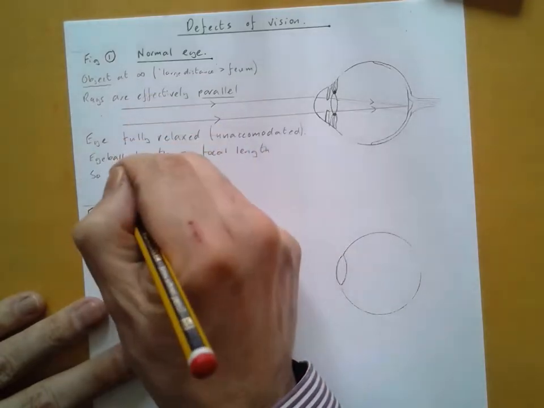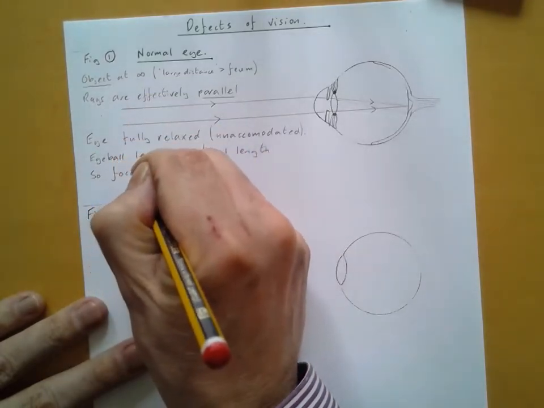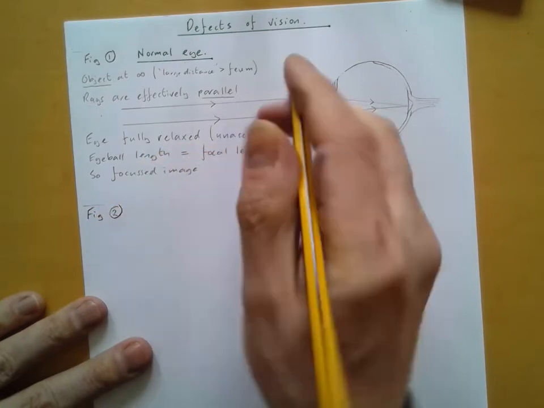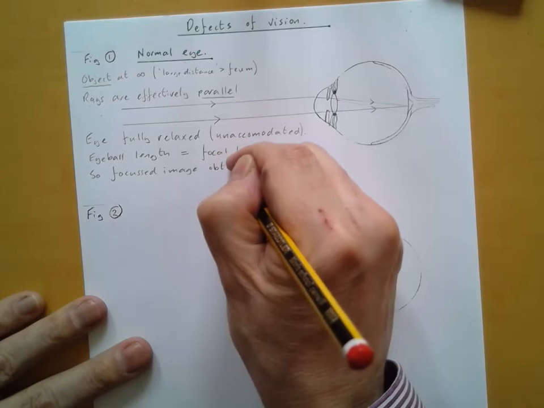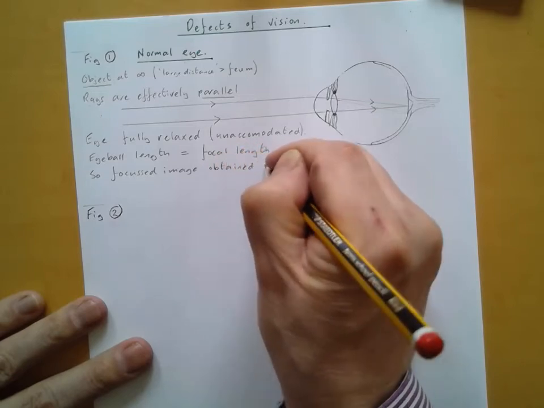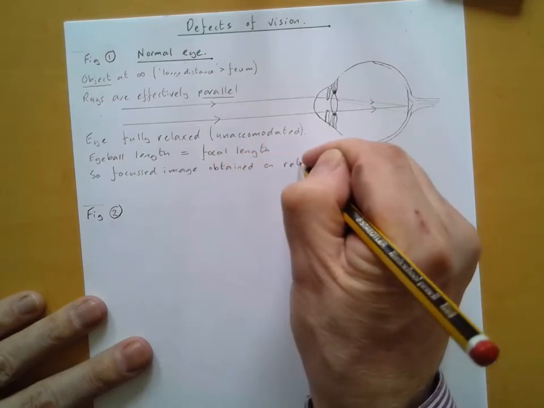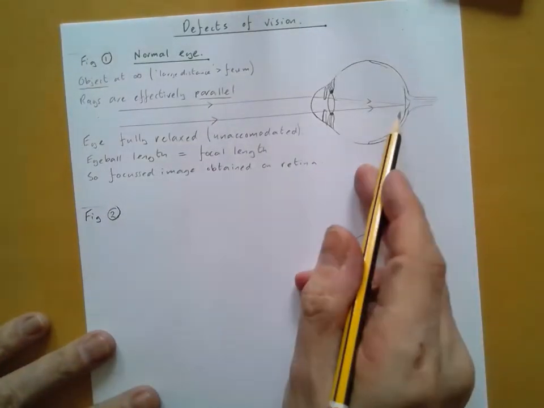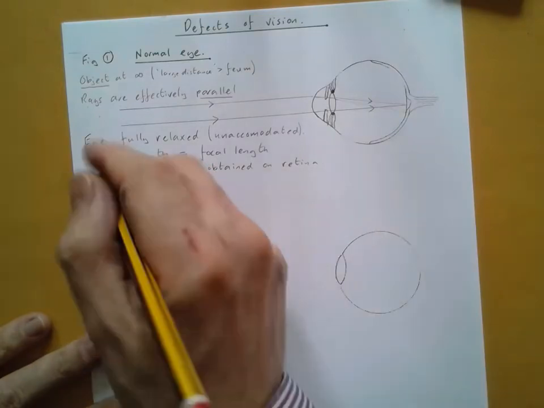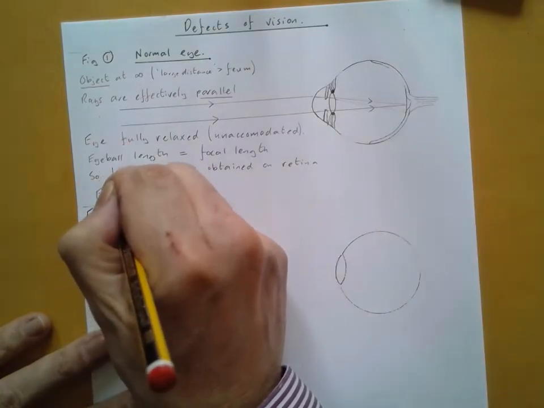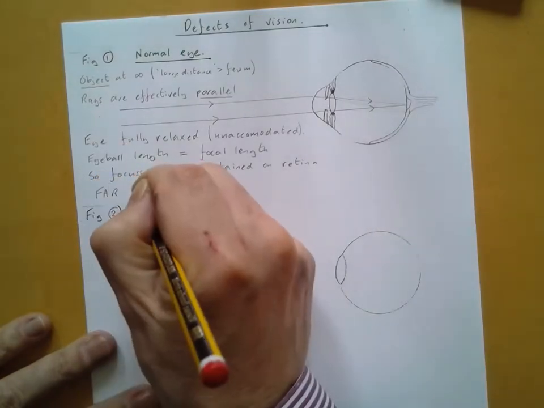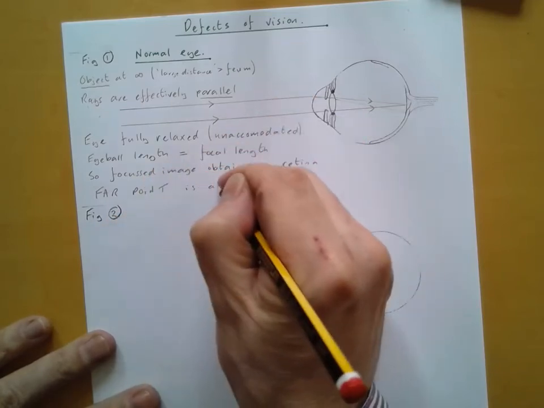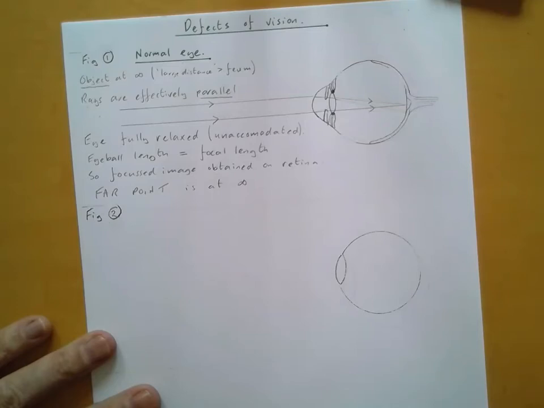And so a focused image is obtained on the retina. So therefore, you can focus on an object which is at infinity. So the far point is at infinity.